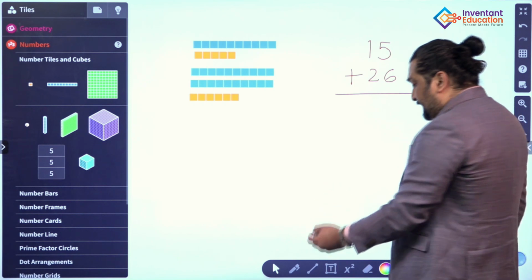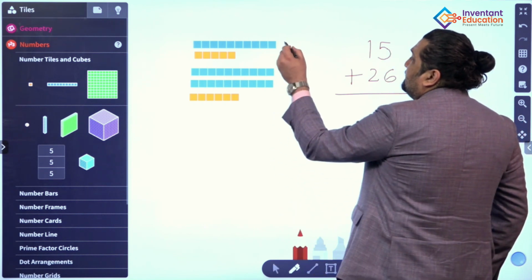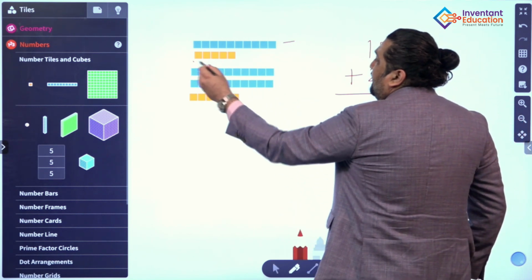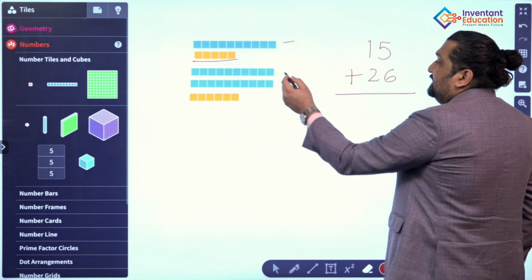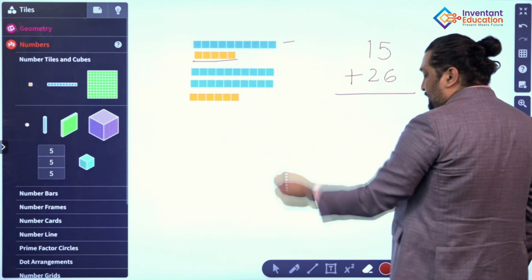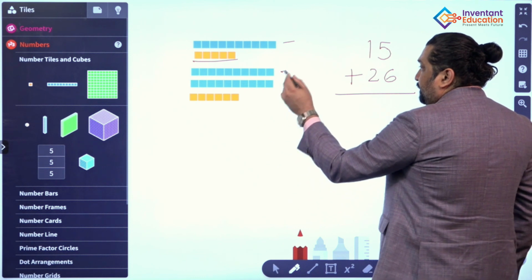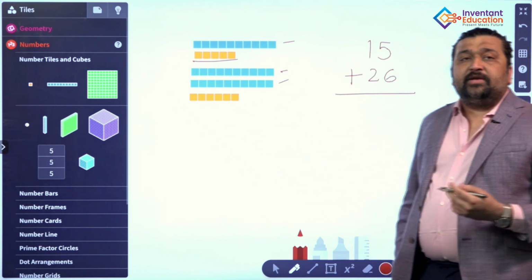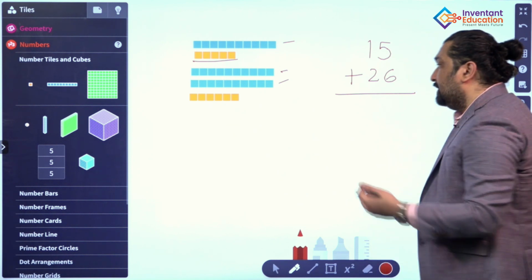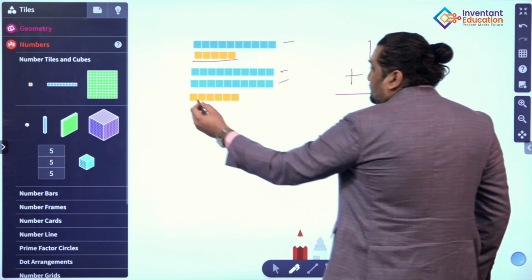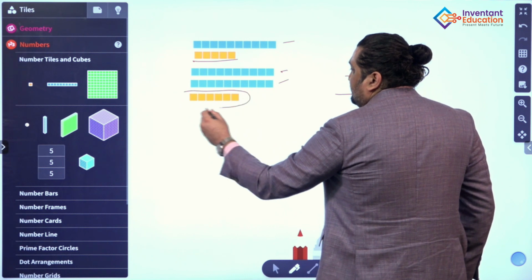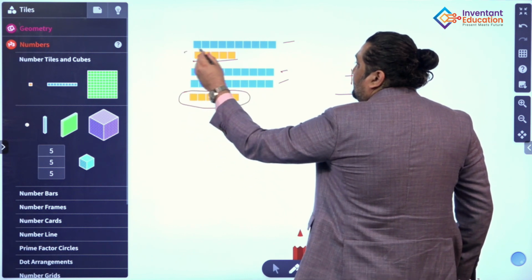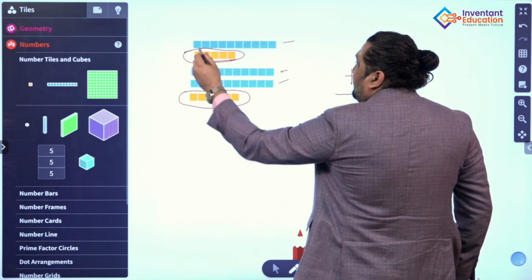Now 15 is represented by 1 ten and 5 ones. 26 is represented by 2 tens and 6 ones. Now when you count them together, you have to count ones. So here I have 6 ones and here I have 5 ones.